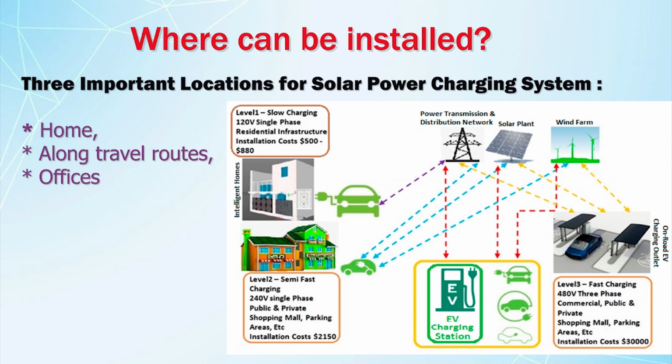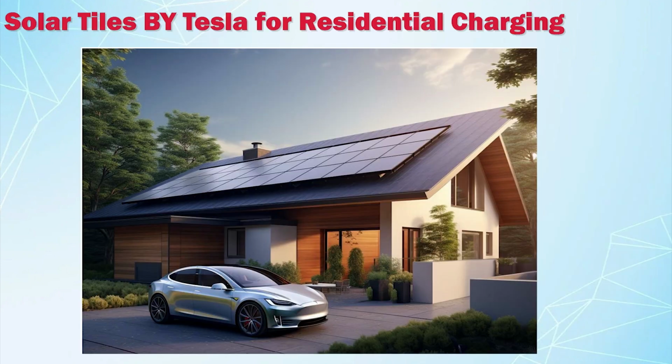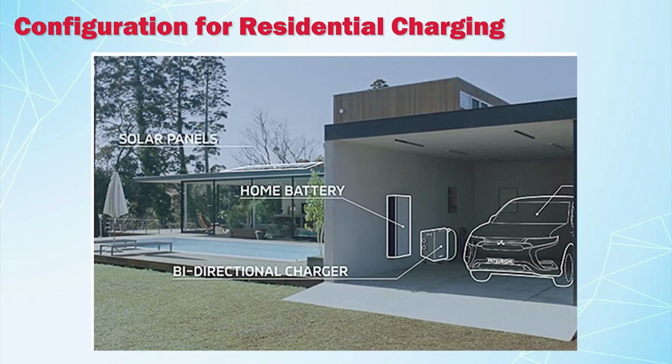We can also charge these vehicles along travel routes on highways, and install these charging stations at offices. This is one example of residential charging. Tesla has developed solar tiles for charging electric vehicles. Then we have a configuration for residential charging. We have a home battery and a bidirectional charger which can charge the electric vehicles.